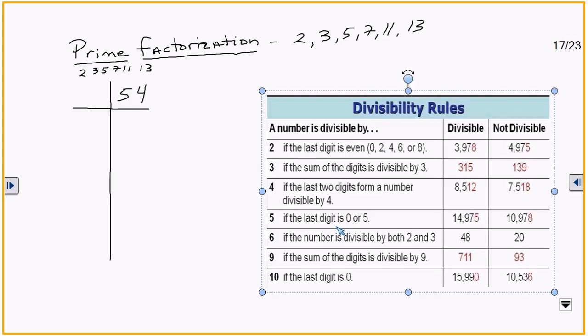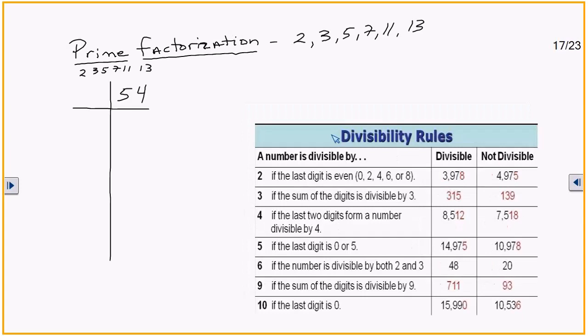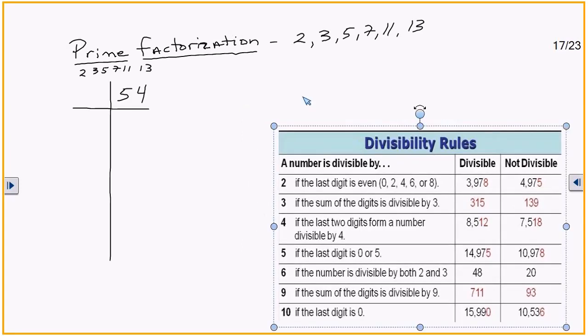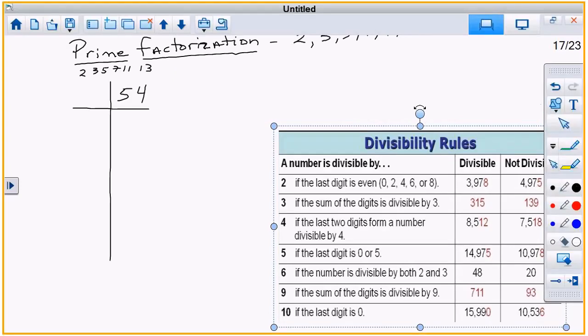This is something you might want to write down. It kind of helps you with this section. You still need to know your multiplication tables, division tables, and things like that. This helps you narrow down what you need to divide by. I use 2, 3, and 5 most of the time.